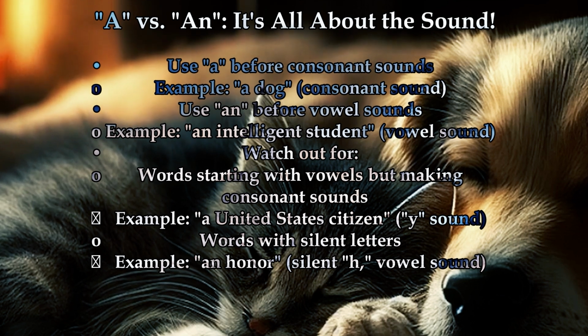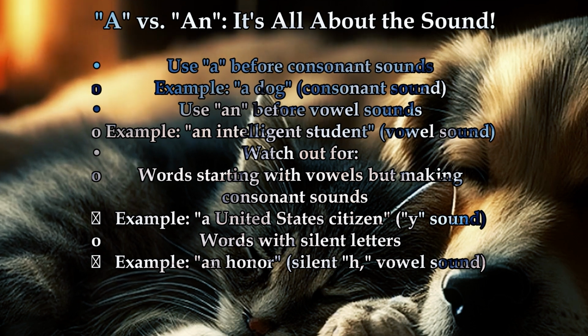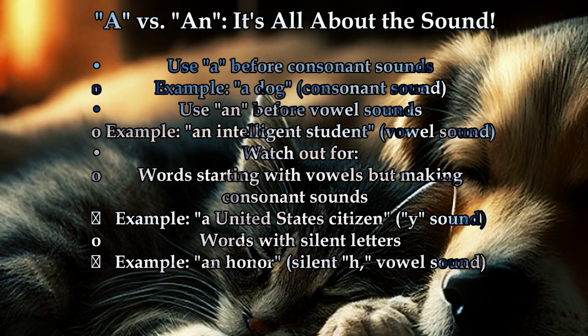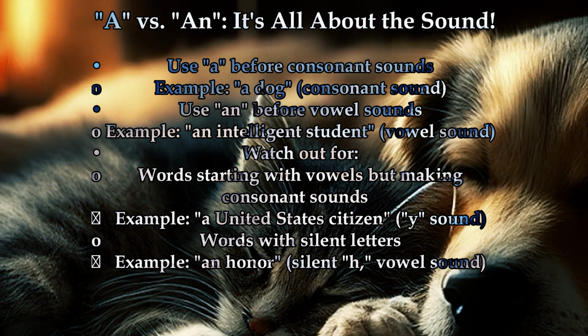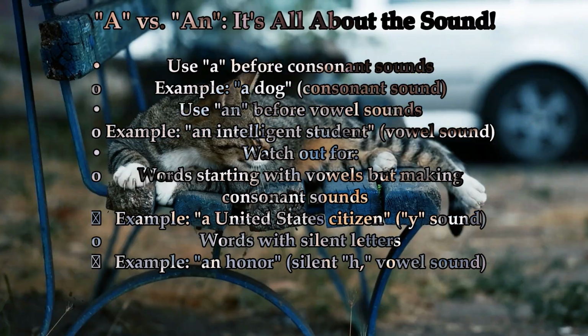Even though the word united starts with a vowel in the sentence, he's a United States citizen, it makes a consonant Y sound, so we use a. 4. In the sentence, it's an honor to be here tonight, the word honor starts with a silent H, so it makes a vowel sound, and we use an.